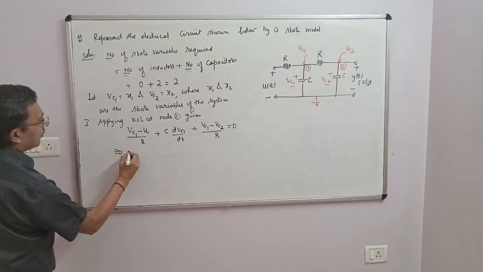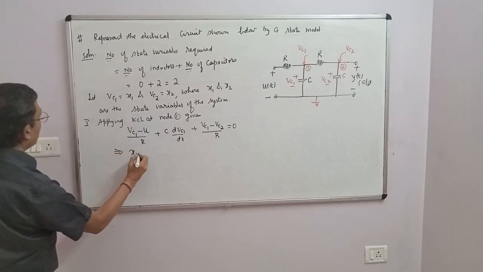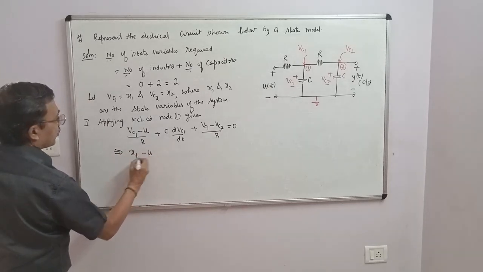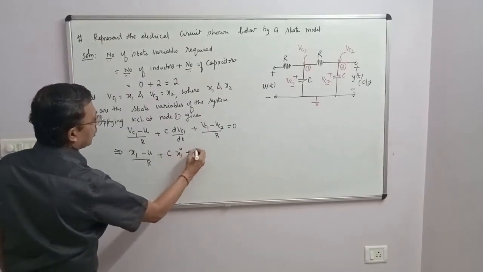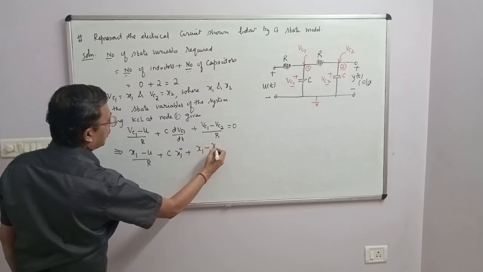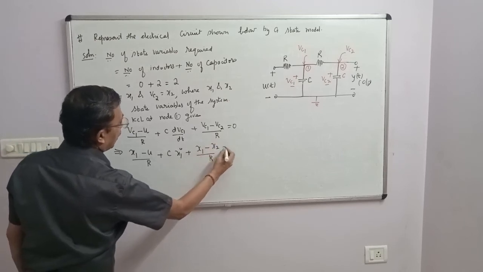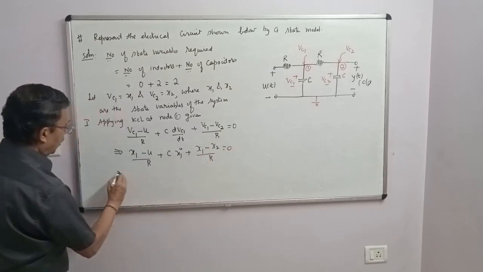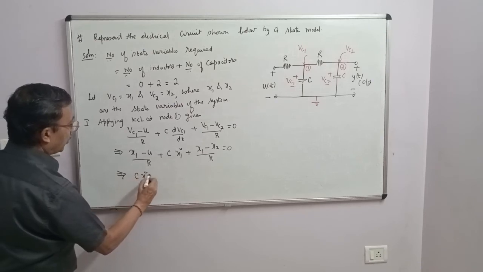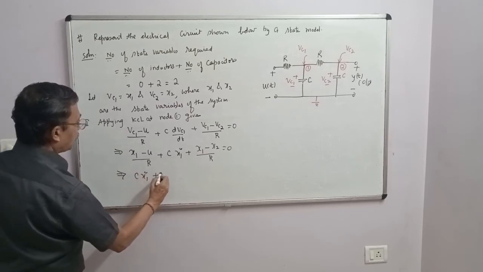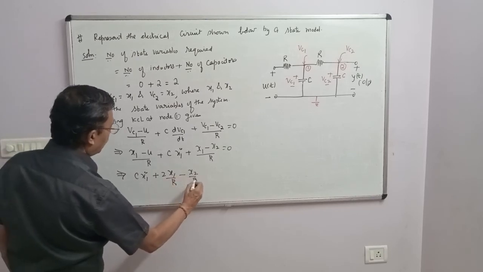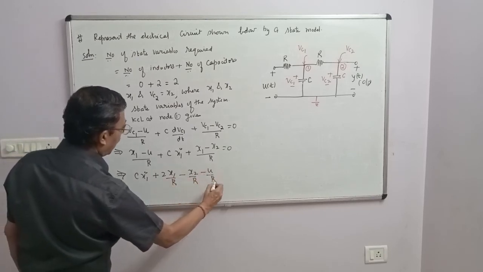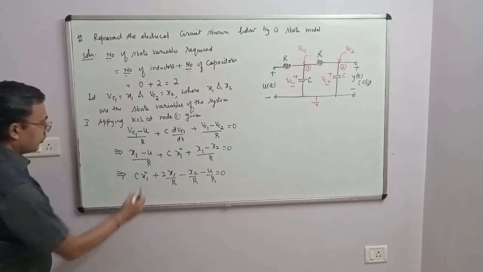VC1 is X1, dVC1 by dt is X1 dot, VC2 is X2. This implies C into X1 dot plus 2X1 by R minus X2 by R minus U by R equal to 0.